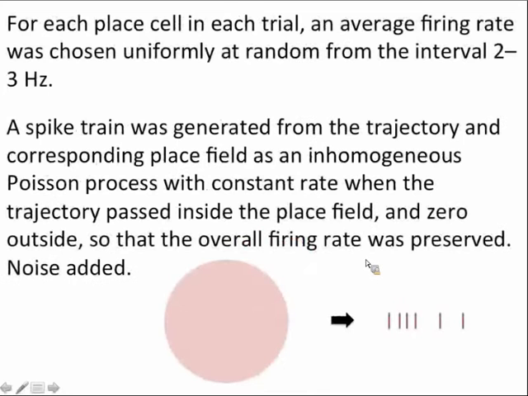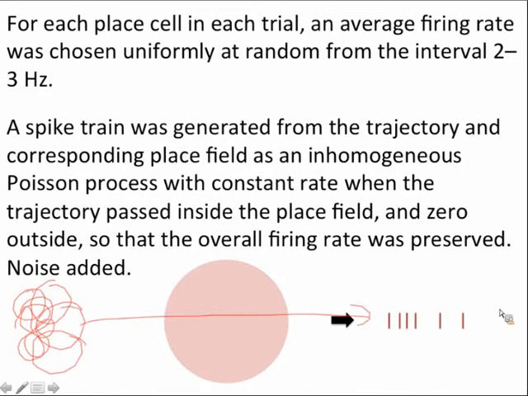But the idea is basically the same. You create a random trajectory. You then cover your space with your place fields. And then from each place field, you create your spiking data. And each of these are created using distributions that are from biological experiments.